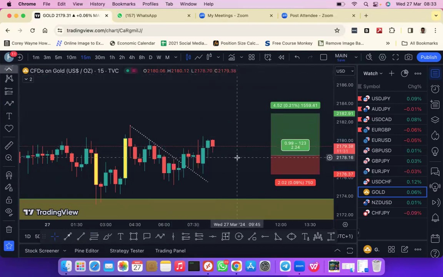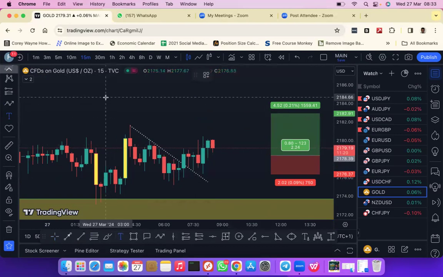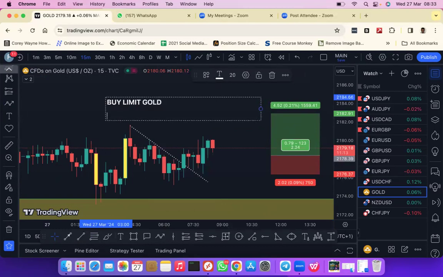So this is a pending order for a buy limit. So buy limit at 2178.39. Let me write it down. Buy limit on gold. Entry 21. We have missed the ideal entry, guys, but this is another entry that possibly will happen.